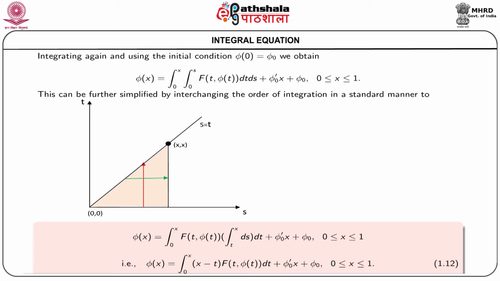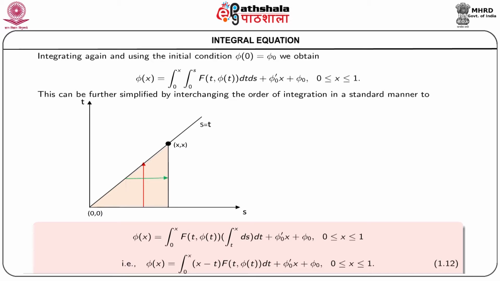Now the double integral 0 to x and 0 to s, F t phi t dt ds can be further simplified by interchanging the order of integration in a standard manner.